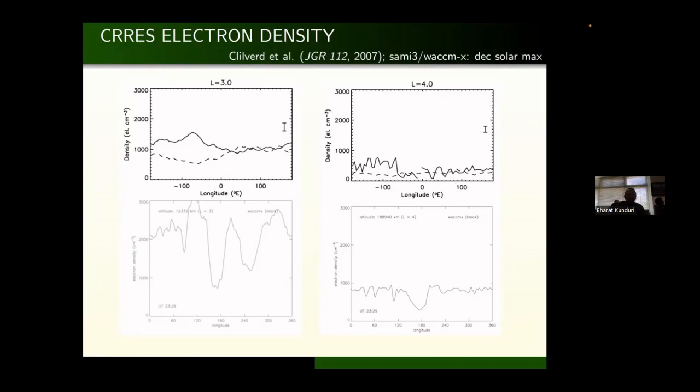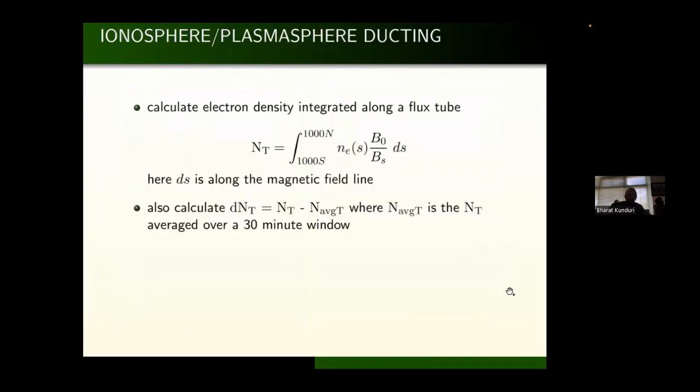So the other thing I had talked about were these ducts, plasma tubes that they talk about. One way to diagnose them occurring is to integrate the electron density along a flux tube here. We're going from 1,000 kilometers in altitude in the south to 1,000 kilometers in altitude in the north. We have the electron density, and then this magnetic term here to indicate how the flux tube changes as a function of the magnetic field.